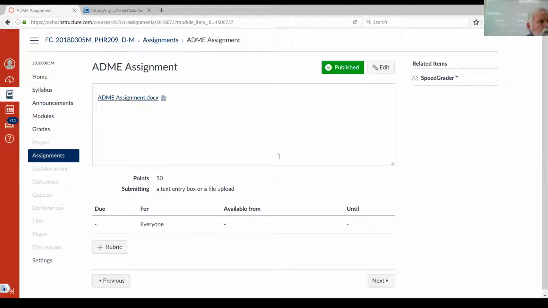These are not meant to become a gigantic project. Basically, with the ADME assignment, we've got essentially a couple of paragraphs of information that you'll be presenting.